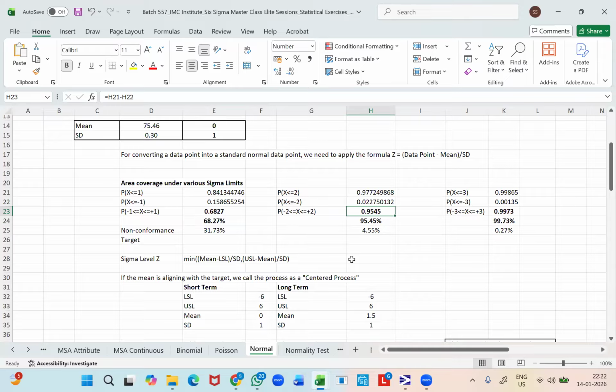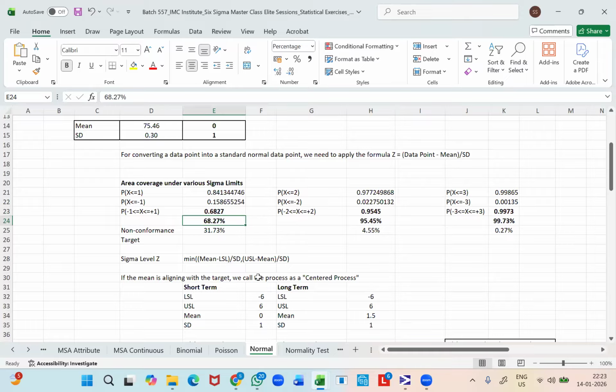So what do these values actually indicate? When I say that the process adherence to the customer specification is to the extent of 68.27% of the overall production, meaning out of the total number of units produced, only 68.27% are adhering to the customer specification. That means 68.27% of units are accurate units.